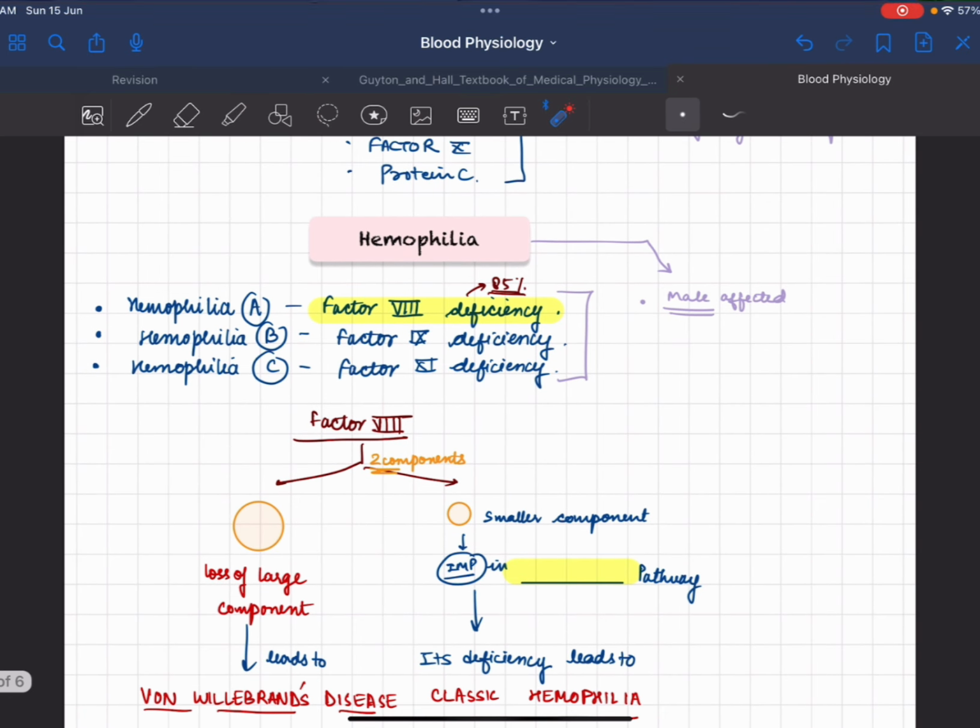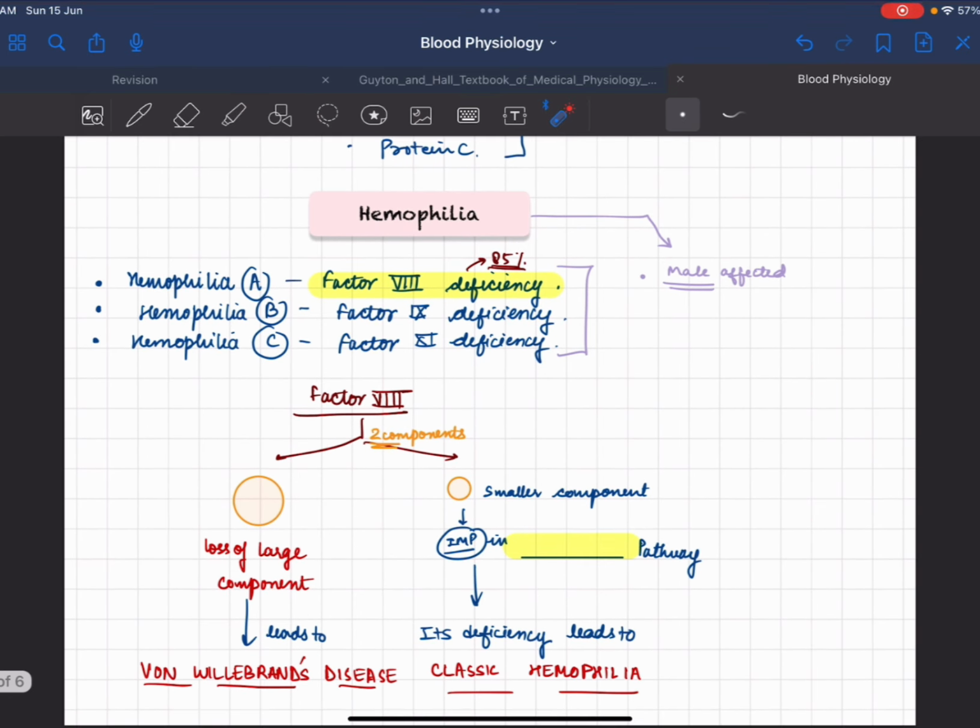Okay. So hemophilia is a very common thing. We've heard of it in 11th and 12th also. So we know it is mainly male affected and an X-linked disorder. So just because it is an X-linked disorder, it affects males more than females. Why?